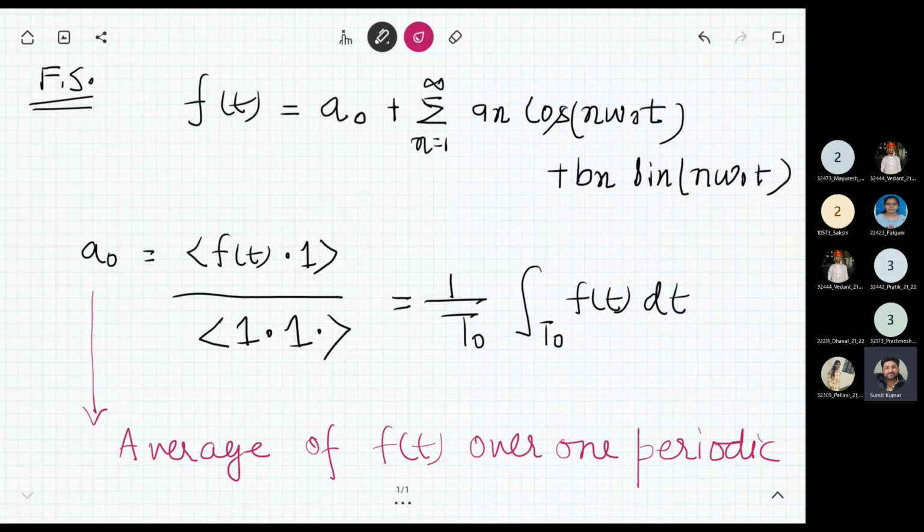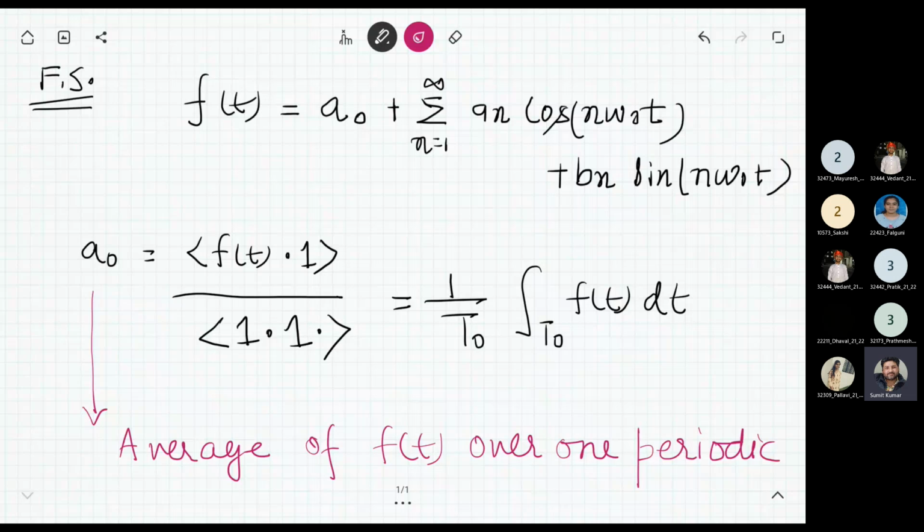If you remember, in the earlier lecture I talked about how you can find the area under the curve of some fundamental pulses, including triangular, rectangular, and sine half period. If you use that, you can quickly find this value.